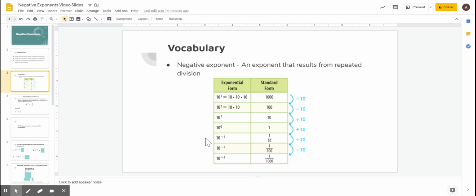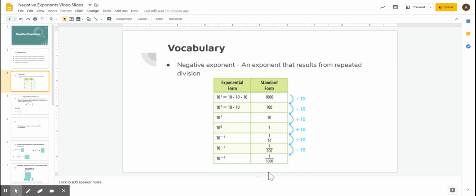The numbers with the negative exponents are used to describe really small numbers in math and science. They're used all the time. So in math and science, instead of writing out the fractions or even the decimals of 1/10, 1/100th, or 1 over 1,000, instead of writing the fractions, you would just write 10 to the negative power.